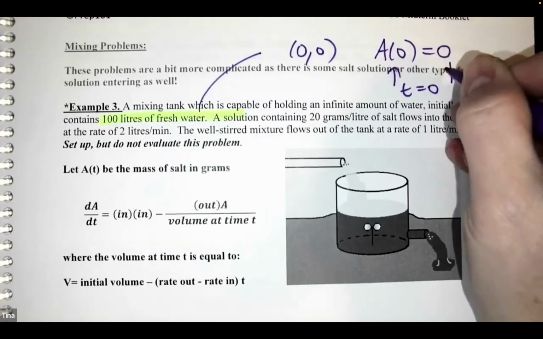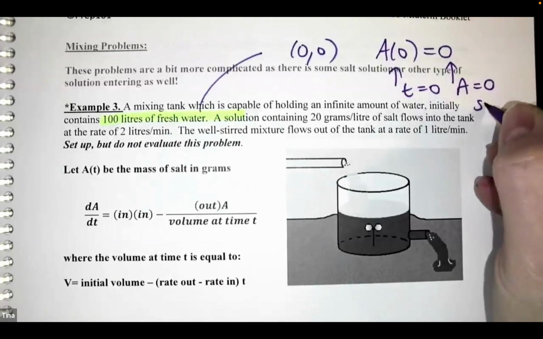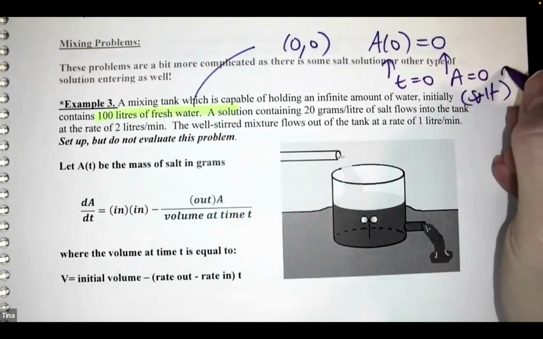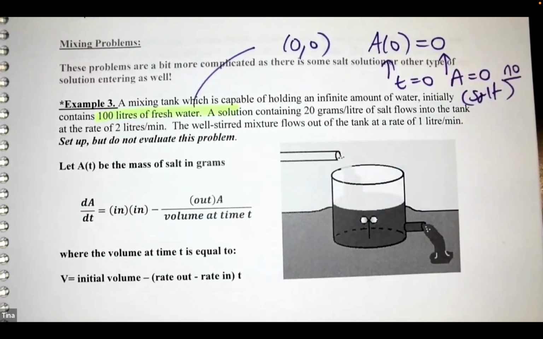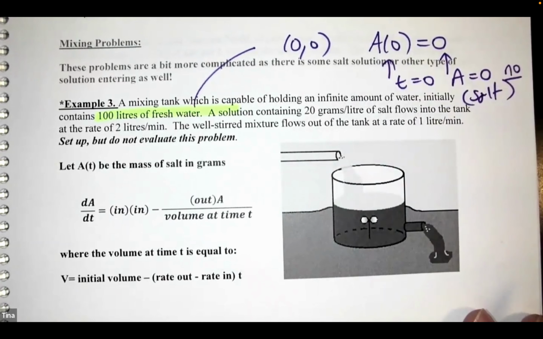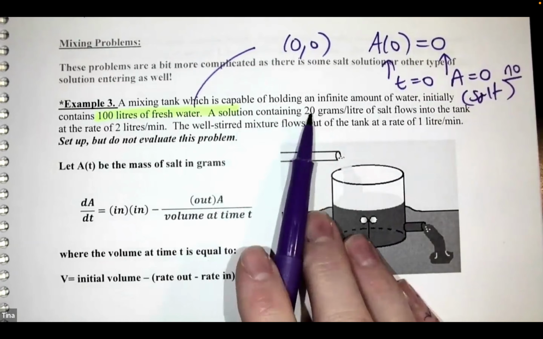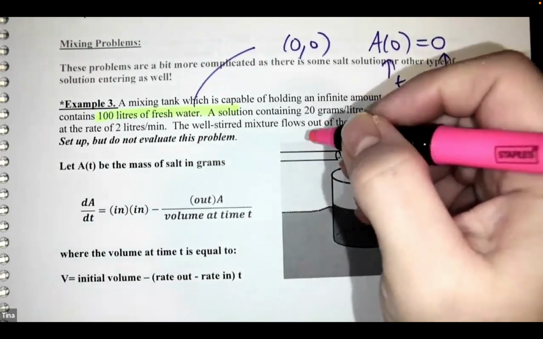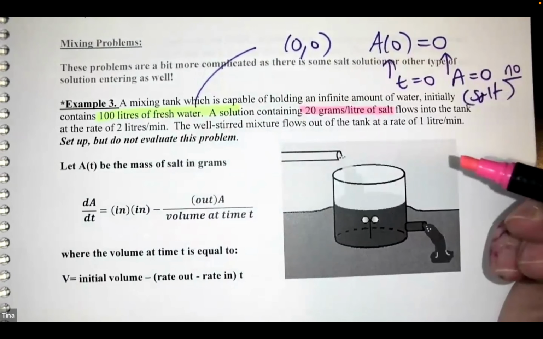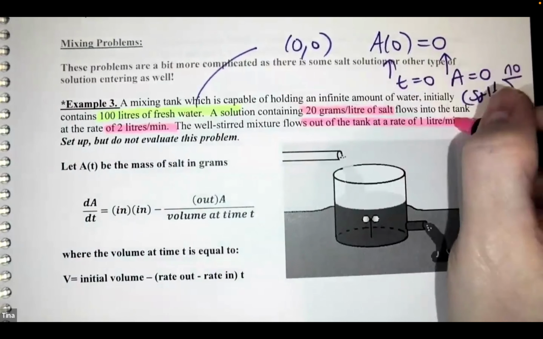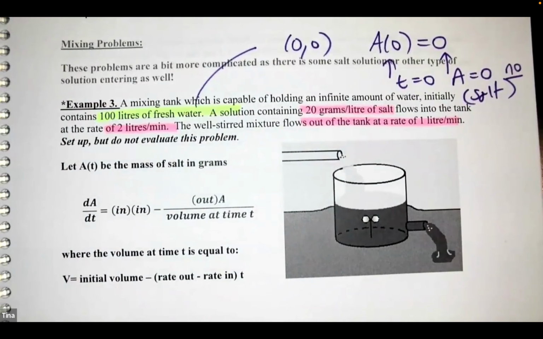In other words, at time 0 there's no salt. If at time 0 there's 10 kilograms of salt, then the initial condition would be 0, 10, for example. And the solution going in contains 20 grams per liter of salt, going in at 2 liters per minute, and then going out at 1 liter per minute.